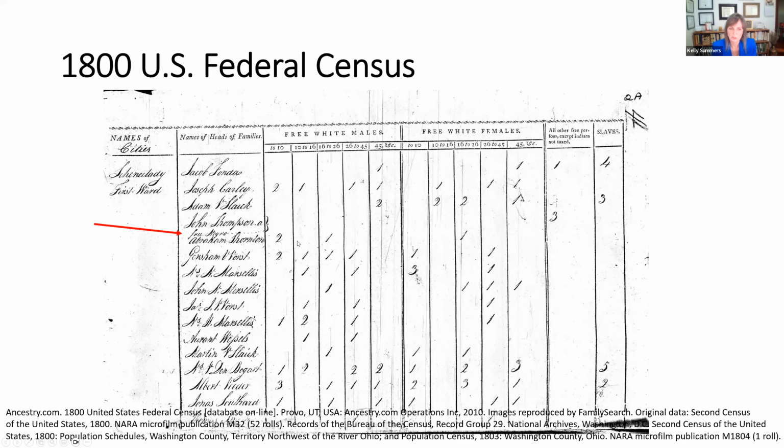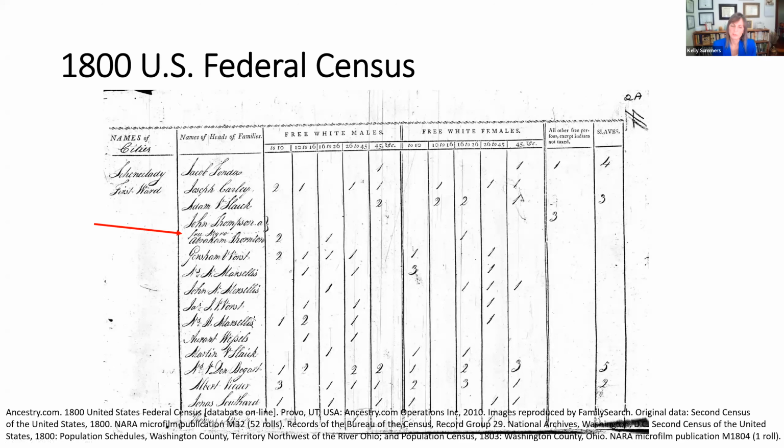So this structure represents Abraham's household. Abraham likely falls into this age bracket. This tally mark probably represents him. He is somewhere between the age of 16 to 26. And this probably represents his wife, who is of the same age range. And then these are probably their 2 younger children. So that's how you would read this document.